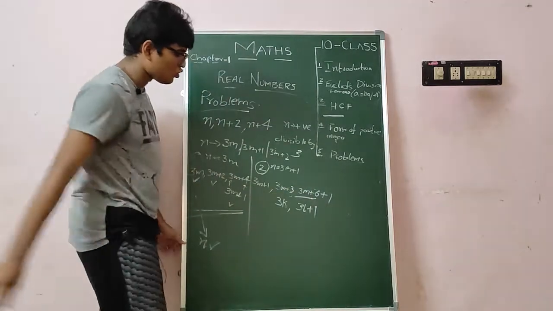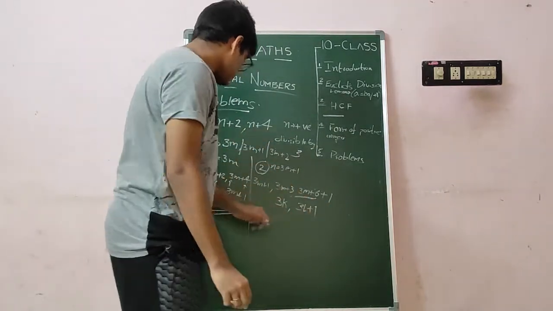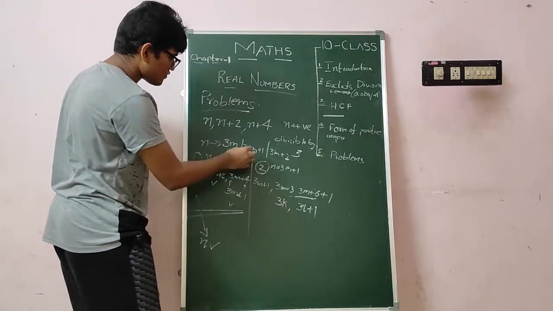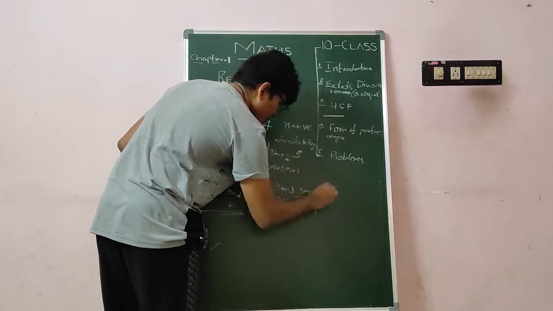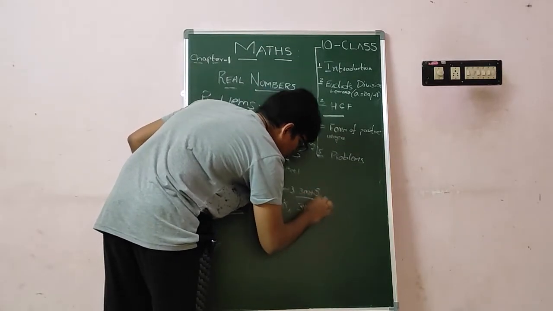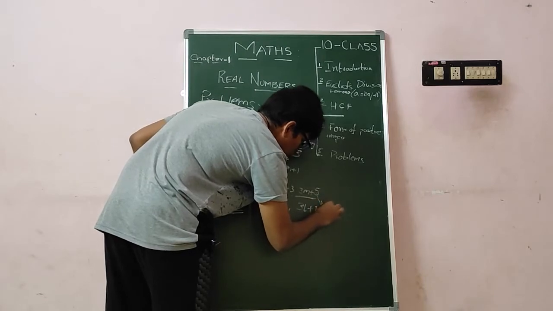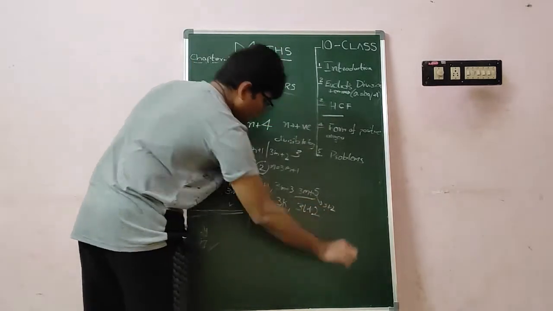Here we can take 2 common, and here we can get, sorry students, we have made a mistake. 3m plus 1 plus 4 is 5. 3m plus 5. 5 can be written as 3 plus 2. If we take 3 common, we will get 3l plus 2.